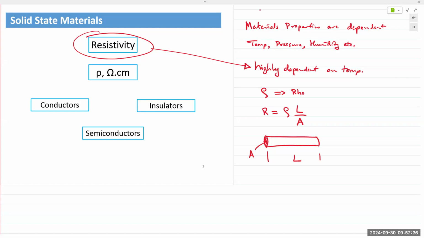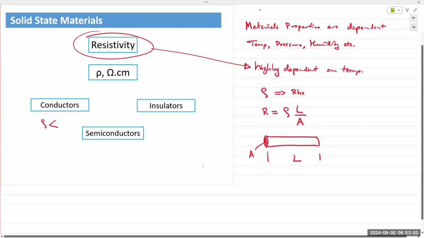Anyway, so resistivity again is a material property, and then we can use the equation R as rho L over A to determine or design our resistors of specific value. Okay. All right. So broad classification based on the numbers of resistivity. For conductors, rho is typically less than 10 raised to minus 3.